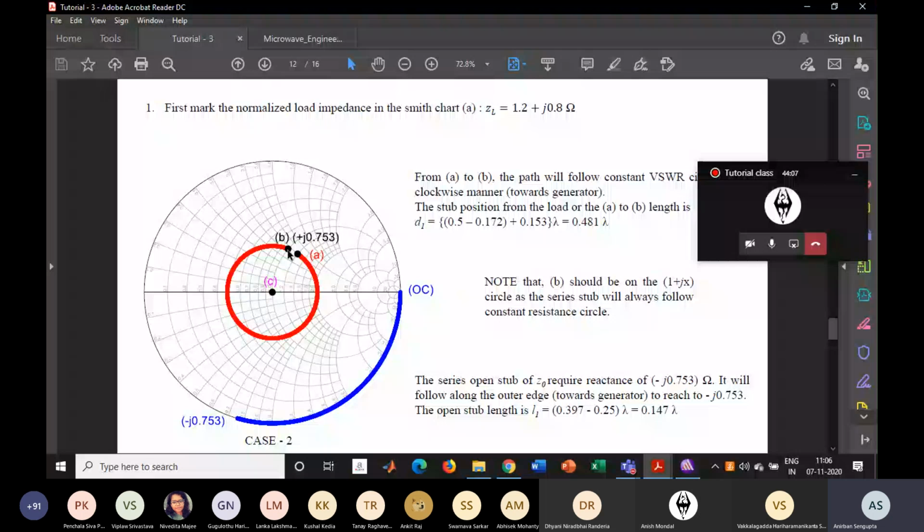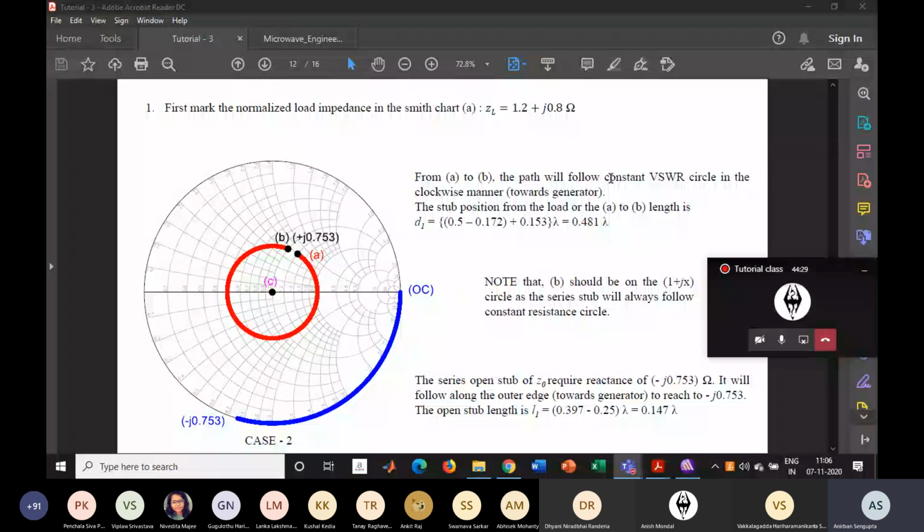The second intersection point comes at this point, b equals j 0.753 positive. So again the same process you have to follow: at what distance the stub will be connected.